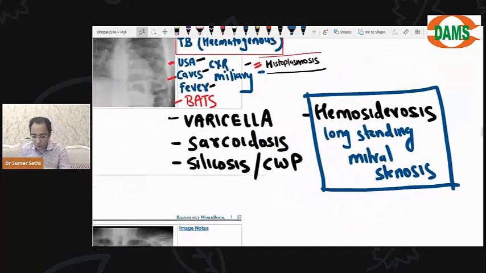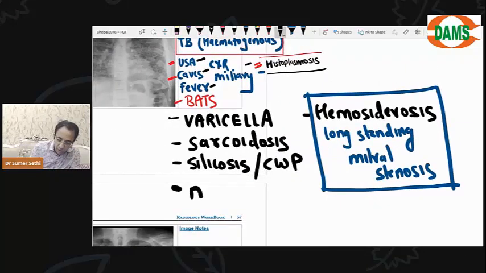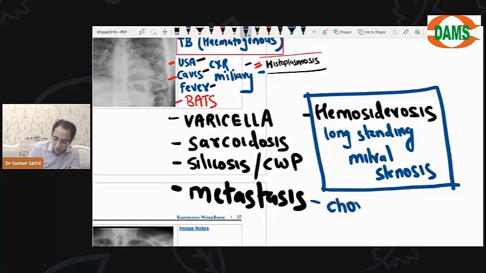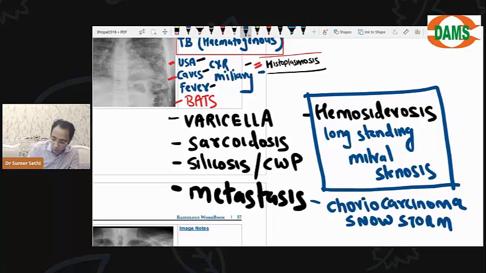And don't forget, even metastasis can look like miliary appearance. Later on in gynae, you will read about a malignancy called as choriocarcinoma. Choriocarcinoma, when it goes to the lung, looks like miliary, and we call it as snowstorm appearance on chest X-ray.